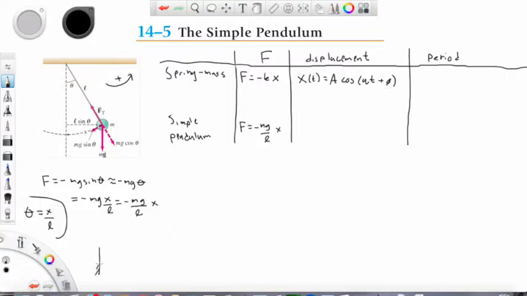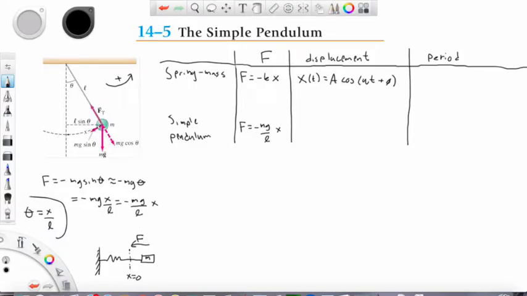In our spring mass system, the restoring force F is always opposite in direction of the displacement. So if the equilibrium position is here, the mass is to the right, the restoring force is to the left. So they're opposite in direction and their directions are parallel.